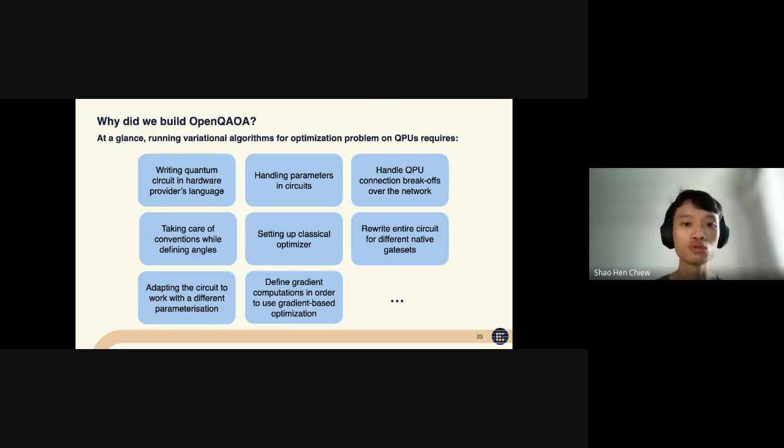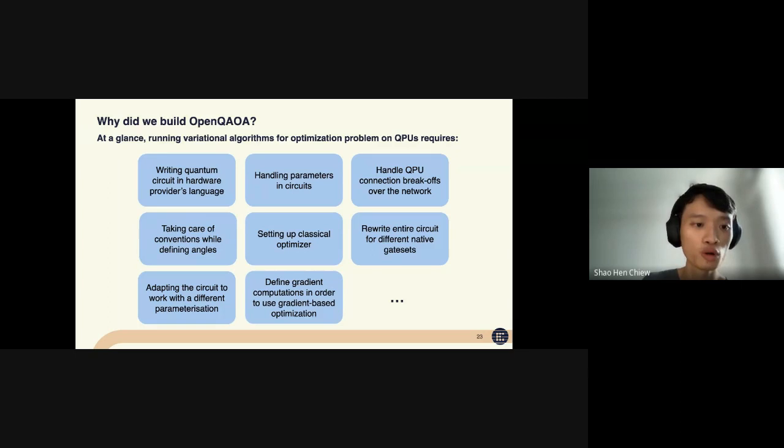I would also need to handle cases where, because VQA consists of this hybrid quantum-classical loop, you are always sending jobs to the quantum computer and then processing the results with your classical computer, and then resending the job and doing this over many iterations. So there's a chance that the connection might break off, or maybe your computer crashes. You will need to handle these situations.